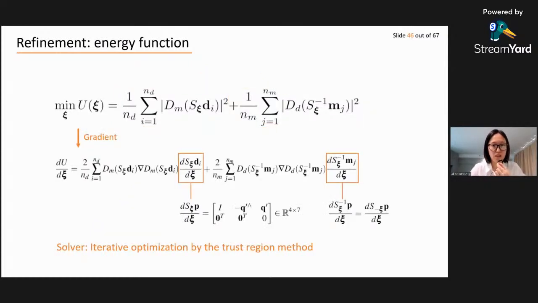With the help of Lie algebra, we can use gradient-based optimization to solve for the 7 parameters representing the similarity transformation. The derivative of the energy function is shown here. The optimization is finally solved by the trust region method.